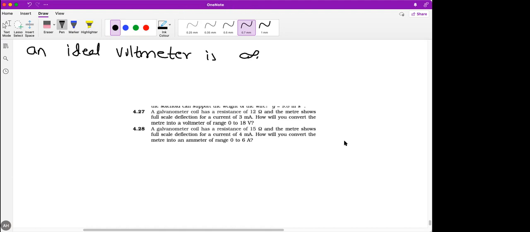Answers for 4.27. Sir, how much is 1 ampere in milliampere? 10 raised to the power minus 3, Abdullah.